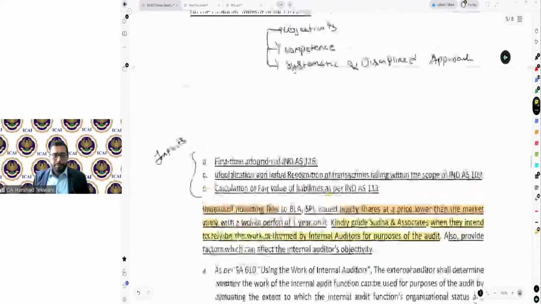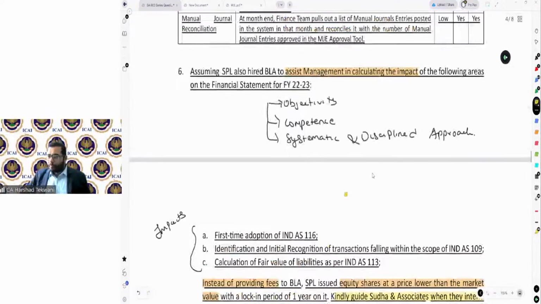Clear? Any doubt? Okay. If no doubt, then we saw how to refer to objectivity.